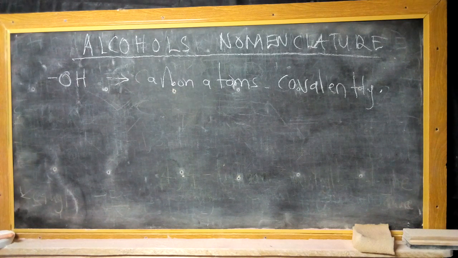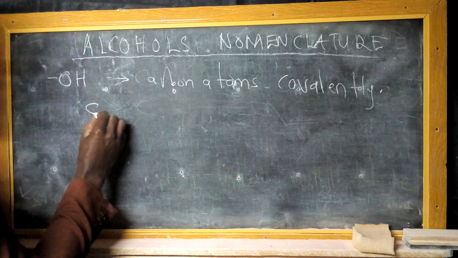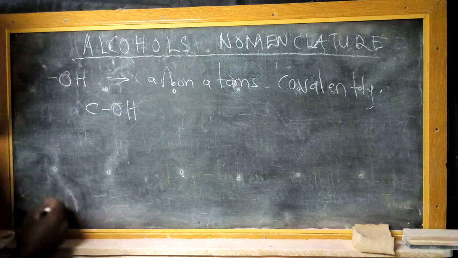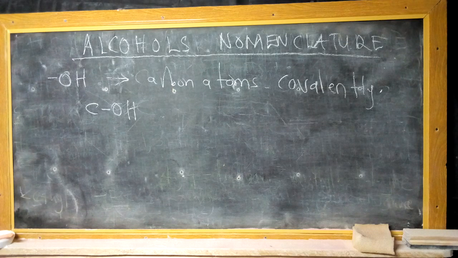Now the numbering starts with the carbon which is attached to the OH group. This simply means the carbon that is attached to the OH group, that is where the numbering begins.